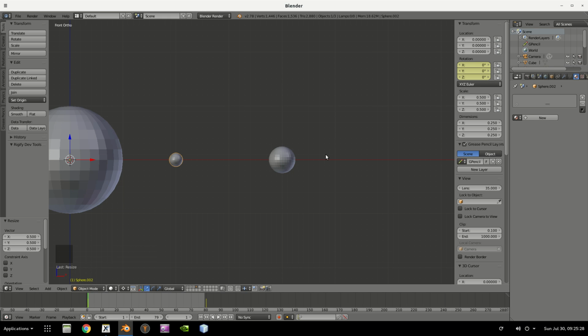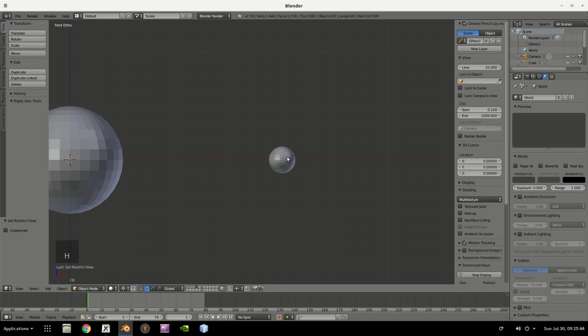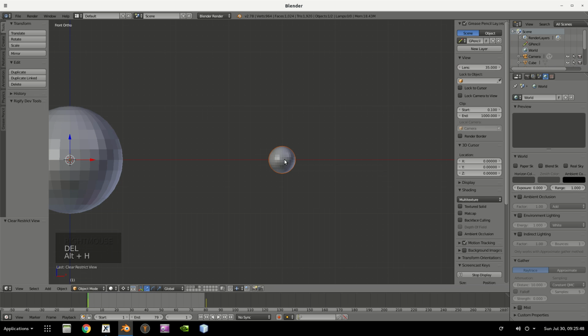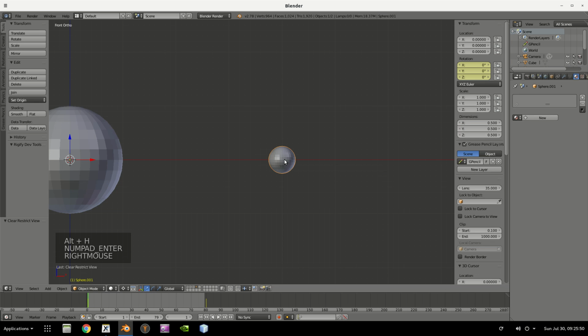Okay, but it went over there because I scaled it based on the pivot. Let me change the pivot point. So the pivot point is going to be this one. Shift S, cursor to selected.